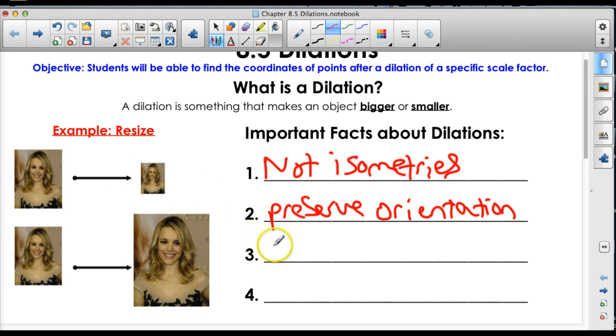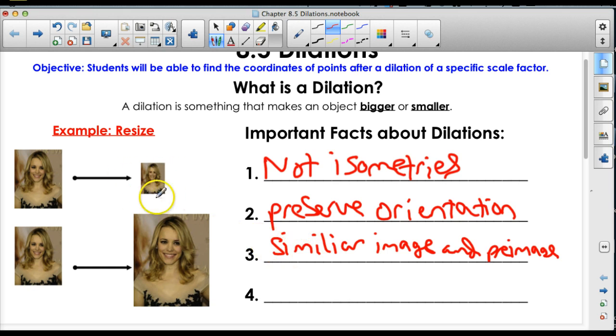Because dilations don't preserve distance, they are similar. Image and pre-image. Alright, this is different because remember with the other ones we've been saying a congruent image and pre-image. Dilations are similar because of the same shape, but they are not the same size, so you can't call them congruent.